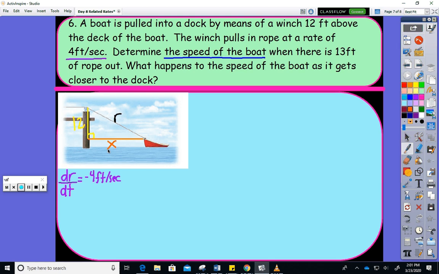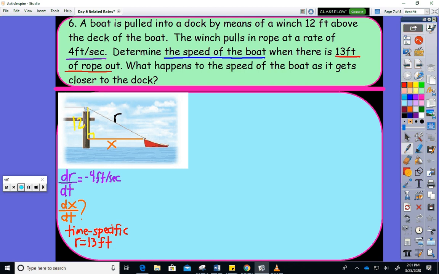So I'm being asked, what is dx/dt? And when it says when there is 13 feet of rope, the time-specific measurement is when there's 13 feet of rope, means when r is 13.